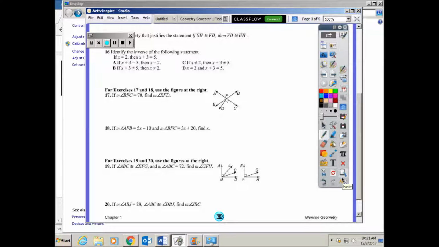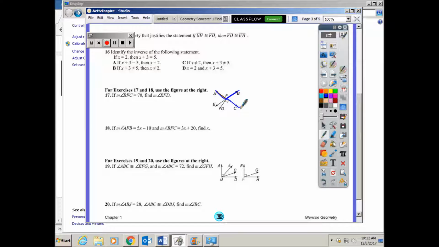17, okay. So for 18, AFB, let me change the color. AFB and BFC. And just like I'm doing here, this is what I always do when I'm doing them, is I figure out what angles they are talking about. Oh, those angles make a linear pair.